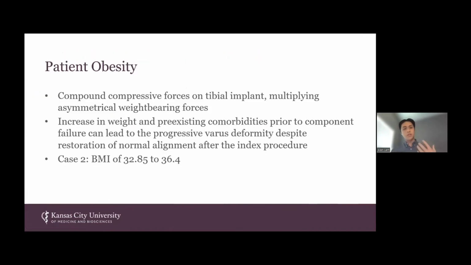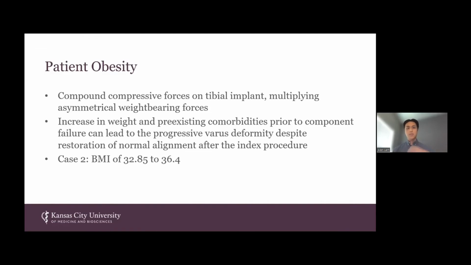Next, I just wanted to briefly go over how patient comorbidities could also contribute to the mechanisms of failure that we saw with these two cases. Obesity was prevalent in 2 of our cases, and actually in our second case, there was a significant jump going from a 32 BMI to 36.